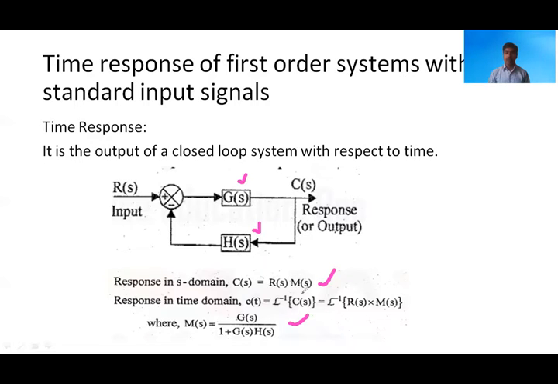After that, take the inverse Laplace transform of it to get c of t. So finally, c of t is obtained by taking the inverse Laplace transform of this product. In this way, we can find the time response of a given first order system.